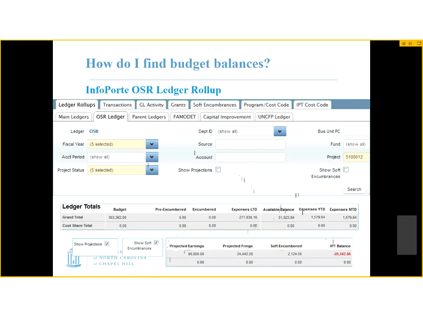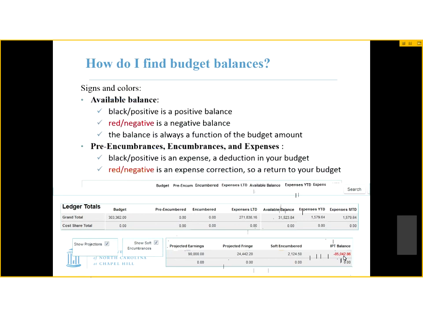That's what that means, okay? Projected fringe benefits, how much I expect to pay out in fringe on this project between now and the end of the year. It recalculates after every payroll. Then how much I have in soft encumbrances, and then my balance, okay? All right, so you can see that it makes a bit of a difference when you either show your balance by projections or not.